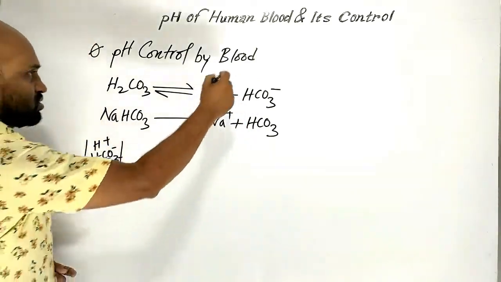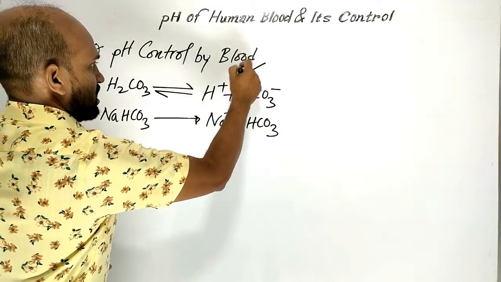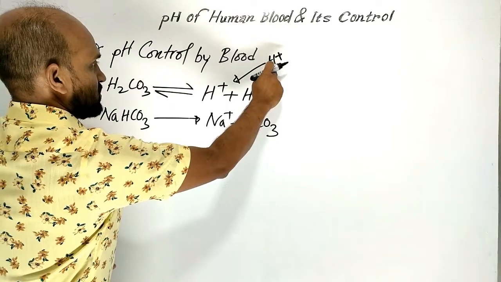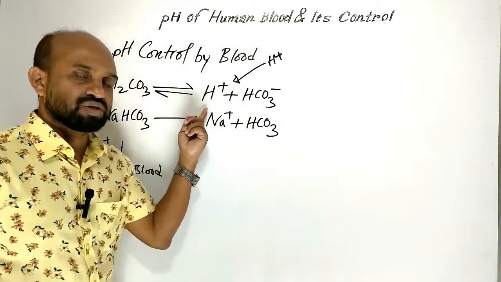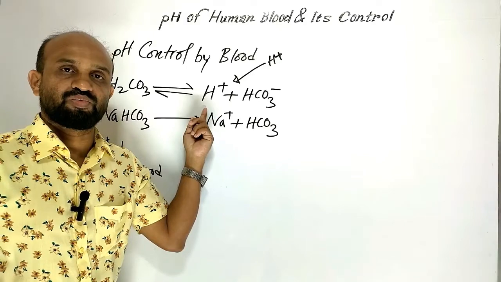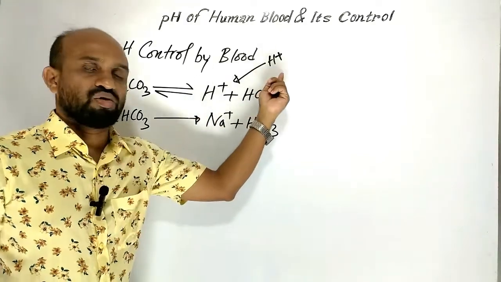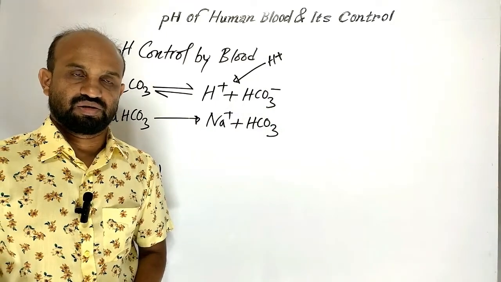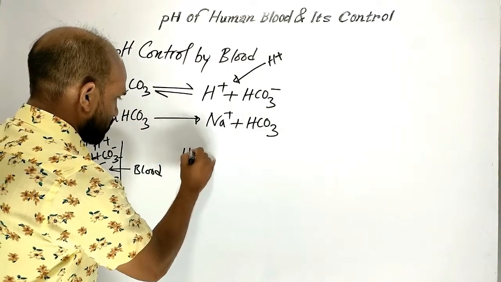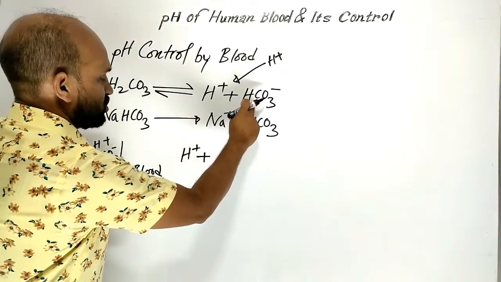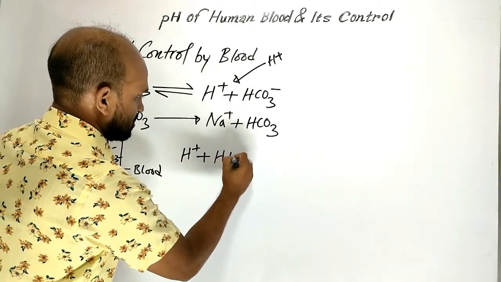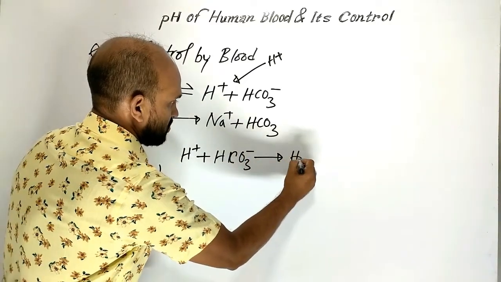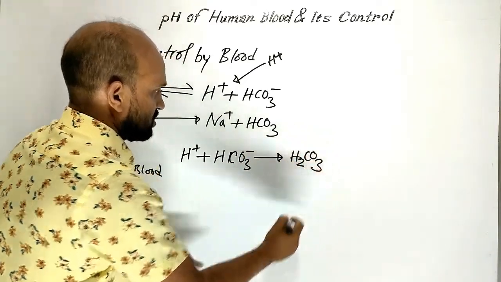When we take acidic substance like lemon juice, then concentration of proton is supposed to increase on addition of proton, but it doesn't increase because this proton combines with bicarbonate ion to form carbonic acid.